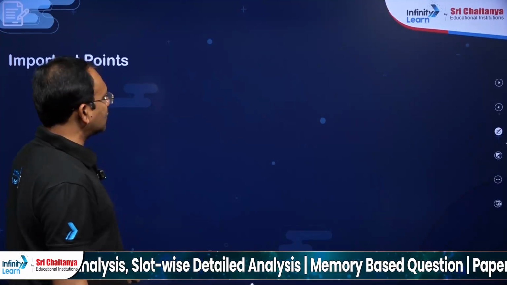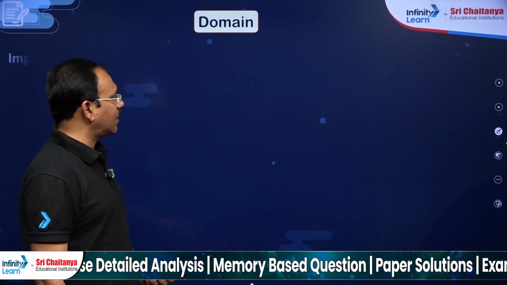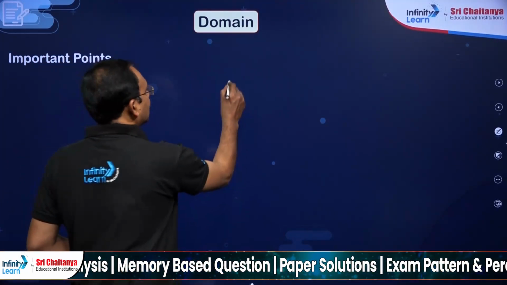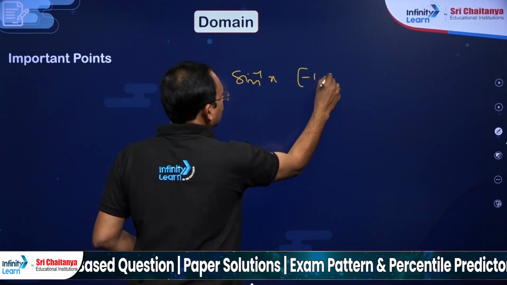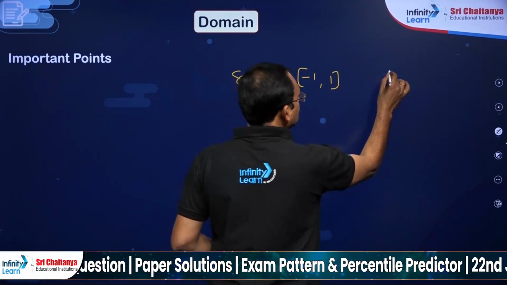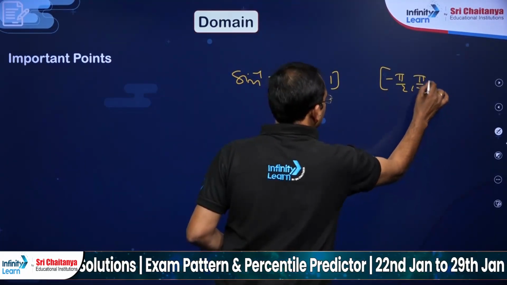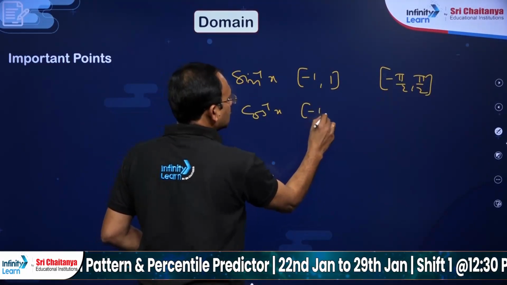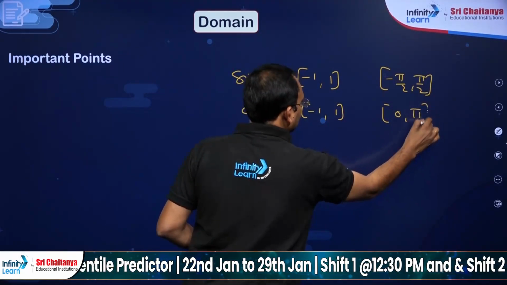You see here inverse trigonometric functions, you know the domain and ranges of inverse trigonometric functions, right dear students. Take the sin inverse x function: domain is -1 to 1, range is closed minus pi by 2 to pi by 2. Even cos inverse x function, domain is -1 to 1, range is closed 0 to pi.